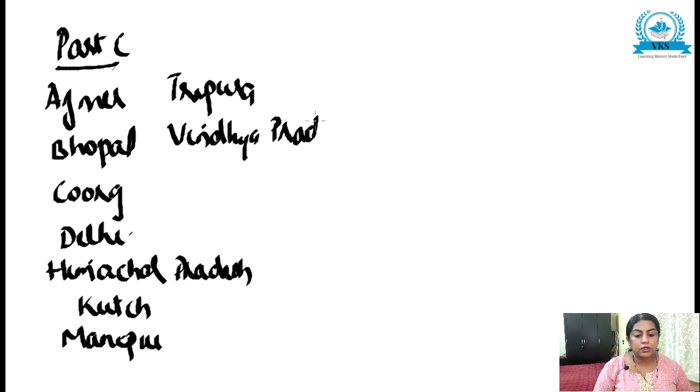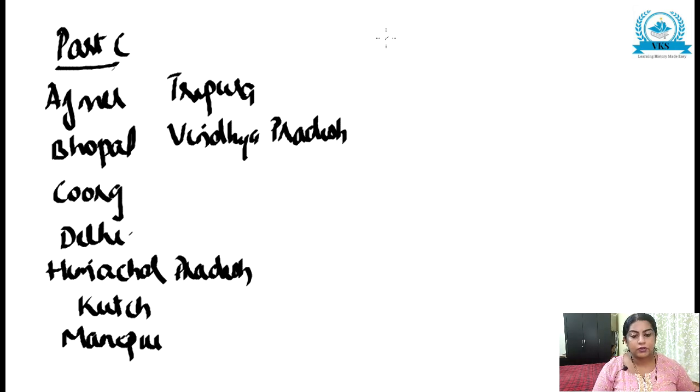All these were included in the part C states, that is Ajmer, Bhopal, Coorg, Delhi, Himachal Pradesh, Kutch, Manipur, Tripura and Vindhya Pradesh.